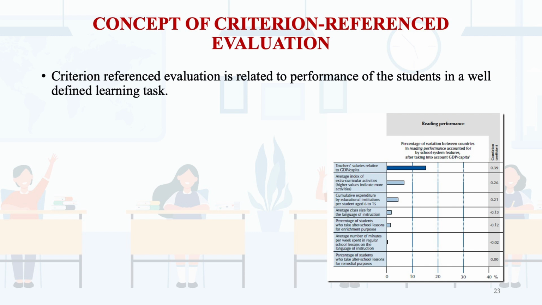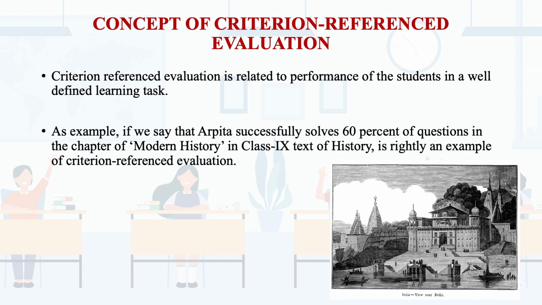So in criterion referenced evaluation, I have already said that the learner's performance will be compared in a well-defined learning task. So dear learners, you are supposed to understand what the learning task is. As an example, if you say that Arpita successfully solves 60% of the questions in the chapter of modern history in the class 9th history text, here the well-defined learning task is modern history.